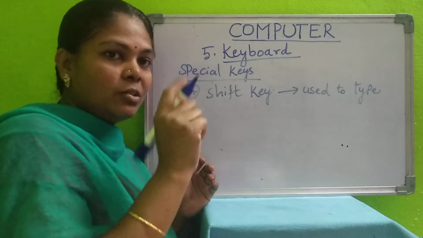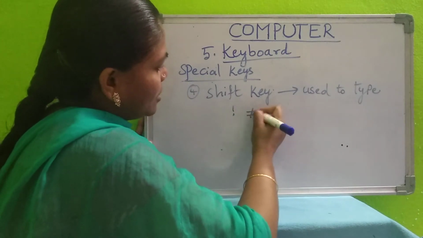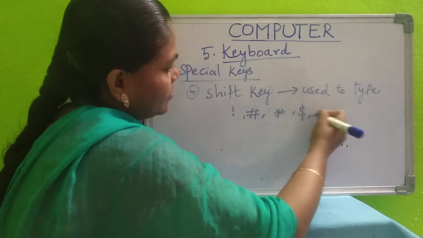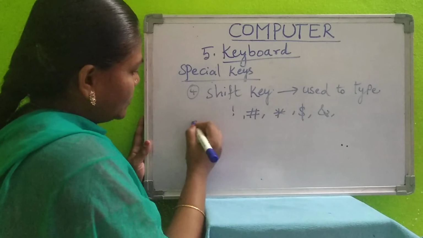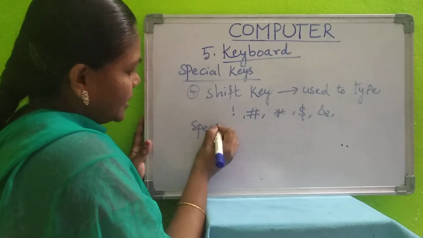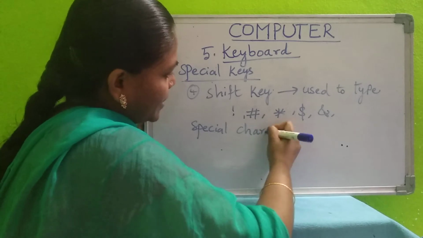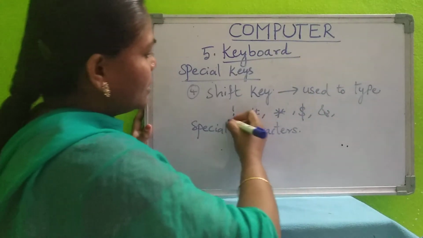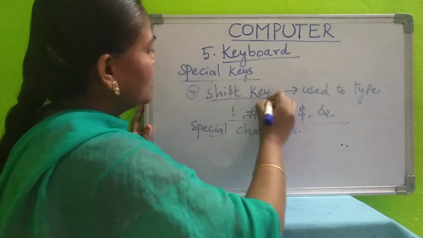On the number keys you will see different special characters: exclamation mark, hash symbol, star symbol, dollar symbol, ampersand. All these are special characters. To type these special characters, we use the shift key.